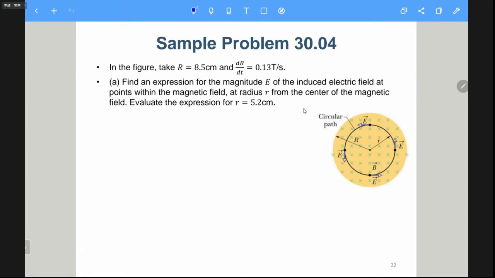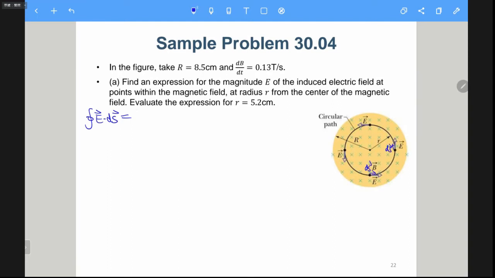Okay, so here we have a closed integration of E dot ds. This is actually a closed line integral. Here we also assume that E is parallel to ds, because ds here like this, ds here like that.